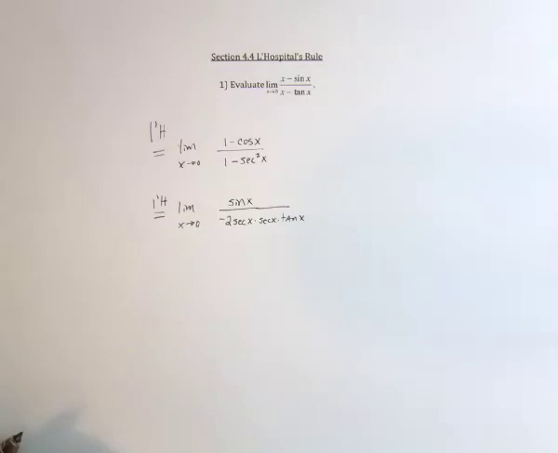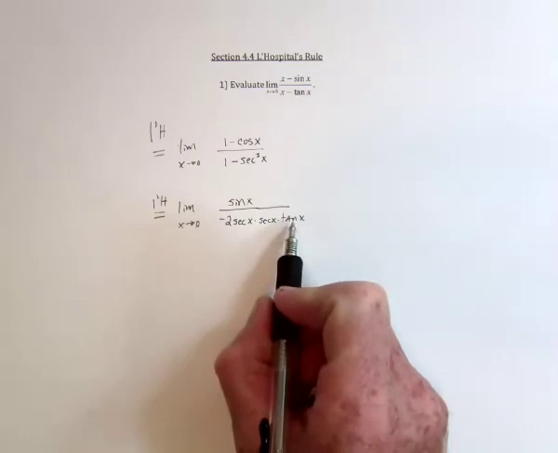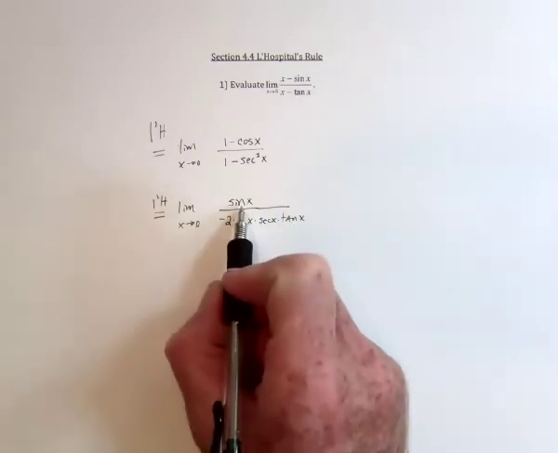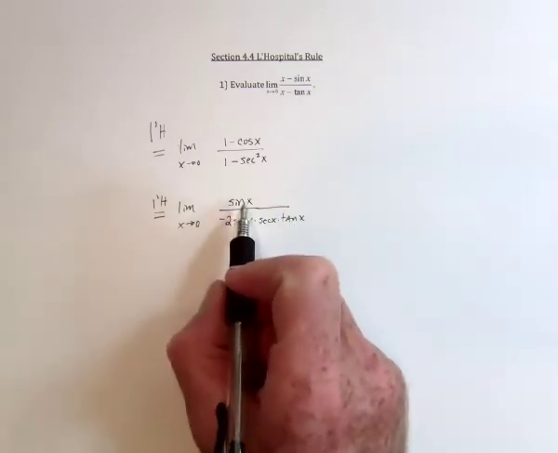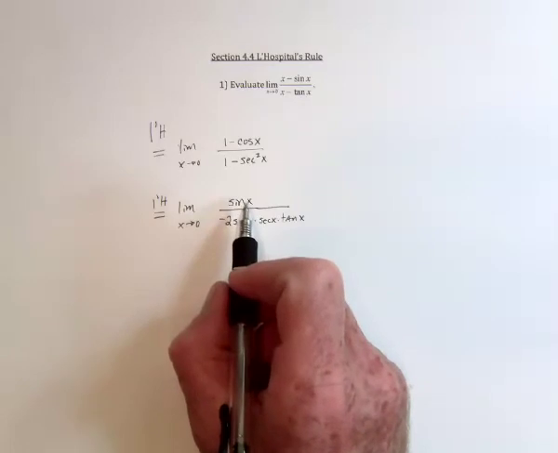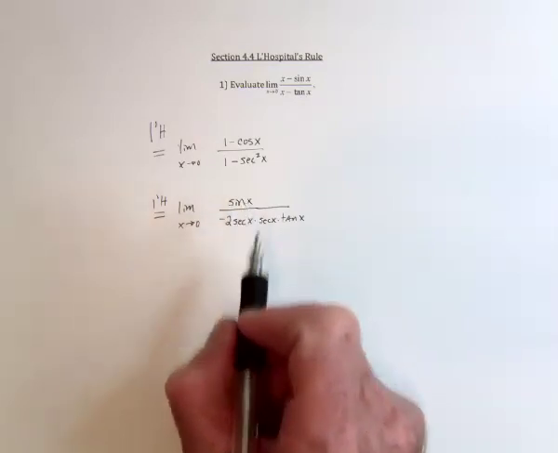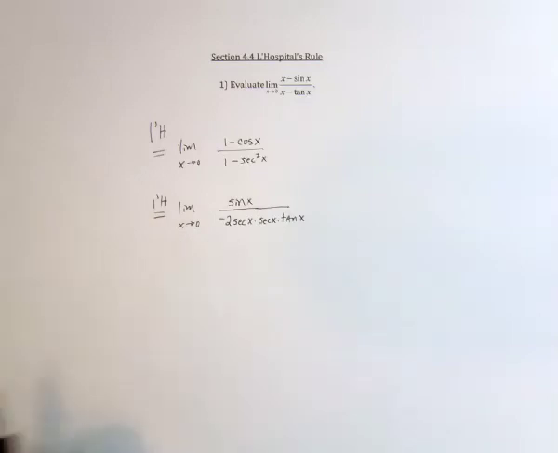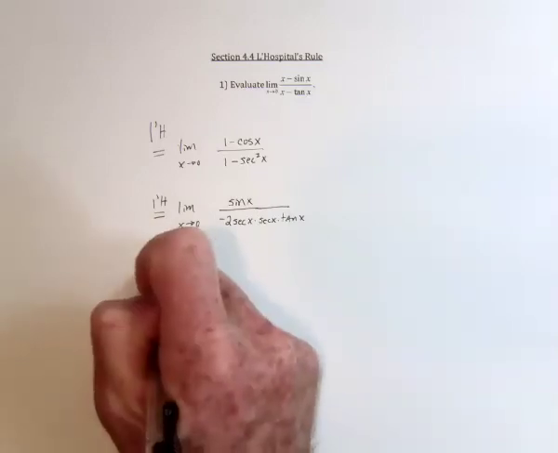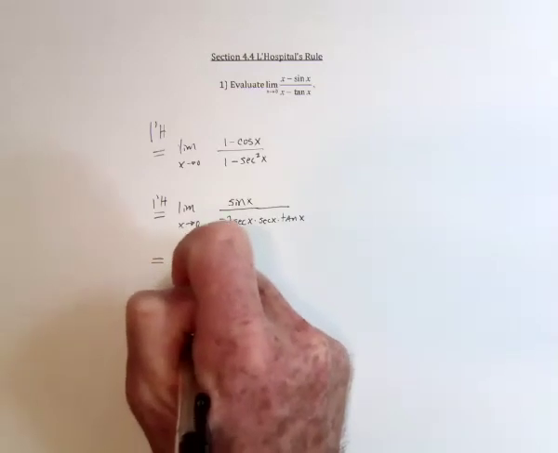And then, let's see, tangent of 0 is 0, sine of 0 is 0, so we either need to do L'Hopital's rule again or do some kind of trig identities to clean this up and see how much it is, which is what I'm going to try to do first.